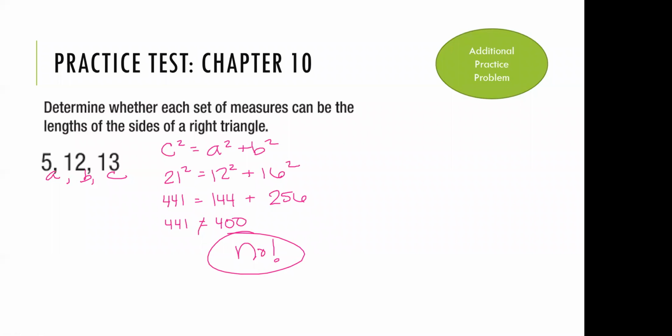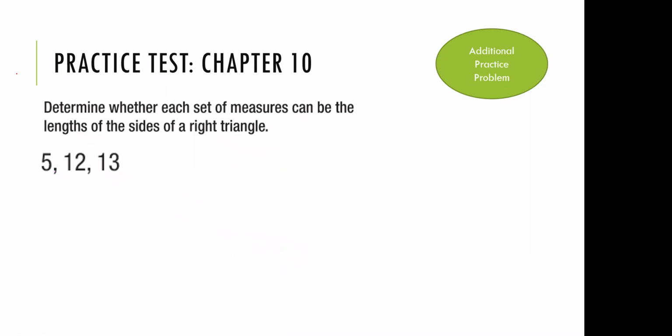All right, and then another problem just like this, I'm going to call this A, this B, and again, 13 has to be C, the longest side has to be C. Okay, so I've got C squared equals A squared plus B squared. So if this is a true statement, then yes, it would be a right triangle.